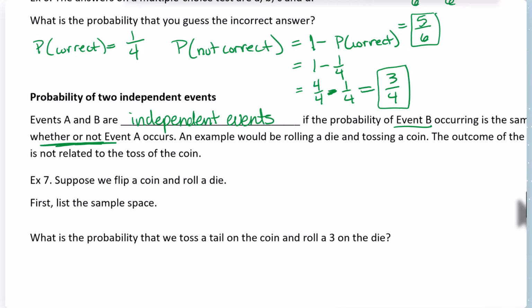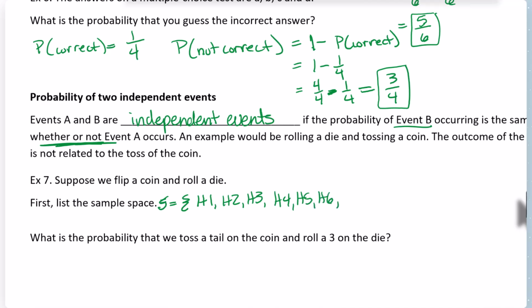All right. Example 7, suppose we flip a coin and roll a die. Let's see. List the sample space. The sample space gets a little big here, but we're going to go through and do that. So what if we flip a coin and we got a head? Well, what possibilities? We could have a head with a 1 on the die, head with a 2, head with a 3, head with a 4, head with a 5, head with a 6.